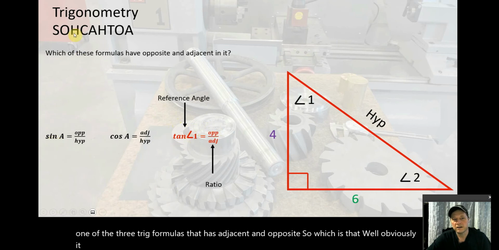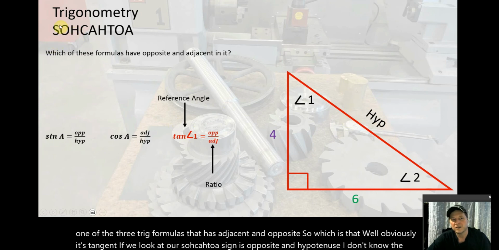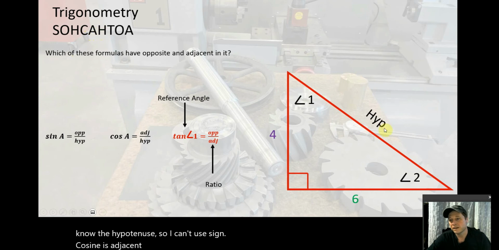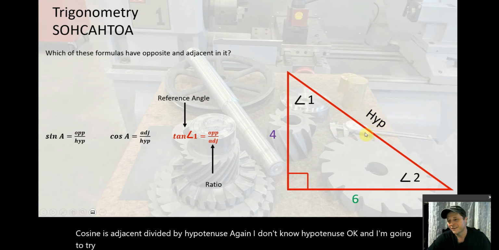If we look at our SOHCAHTOA, sine is opposite over hypotenuse. Well, I don't know the hypotenuse, so I can't use sine. Cosine is adjacent divided by hypotenuse. Again, I don't know hypotenuse, and I'm not trying to solve hypotenuse, right? So I won't use that one. But tangent has opposite and adjacent.